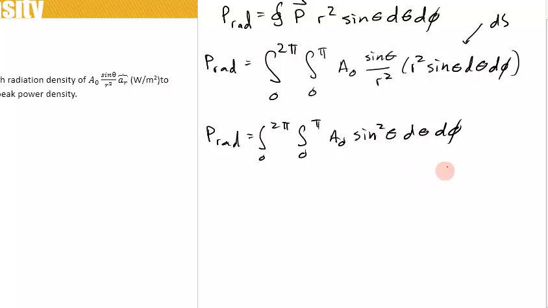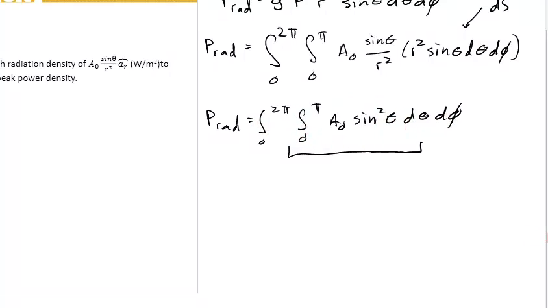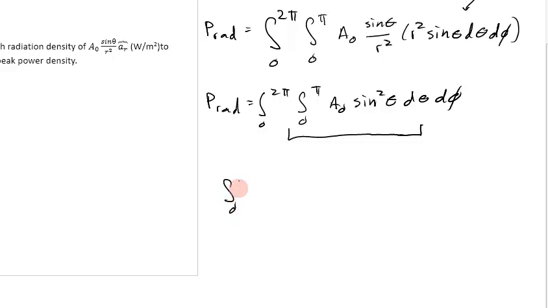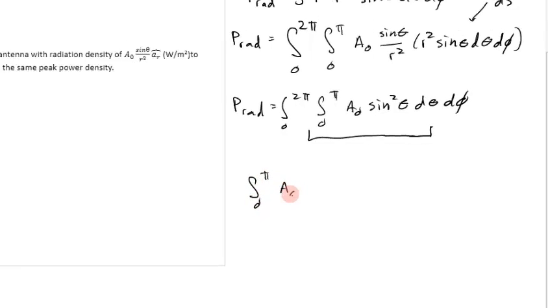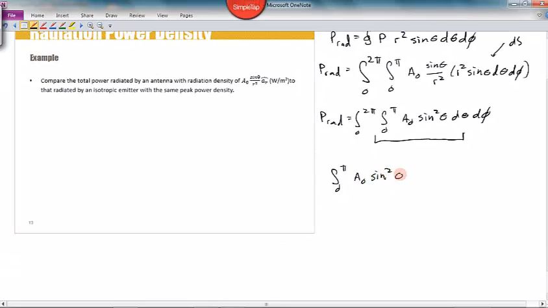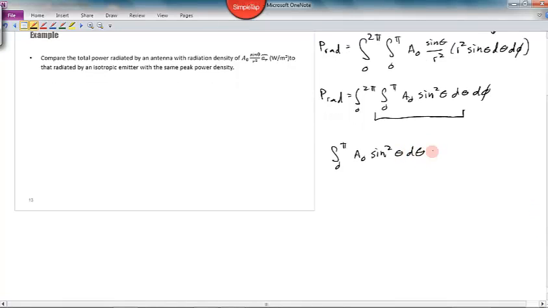Okay, so how do I approach this? In a double integral, you take the first integral, calculate that, and put the result into the second integral. So I need to find the result of the integral from 0 to pi of A0 sine squared theta d theta. A0 is a constant, so it gets pulled out front. I have to look up in a table of integrals what the result of sine squared is.